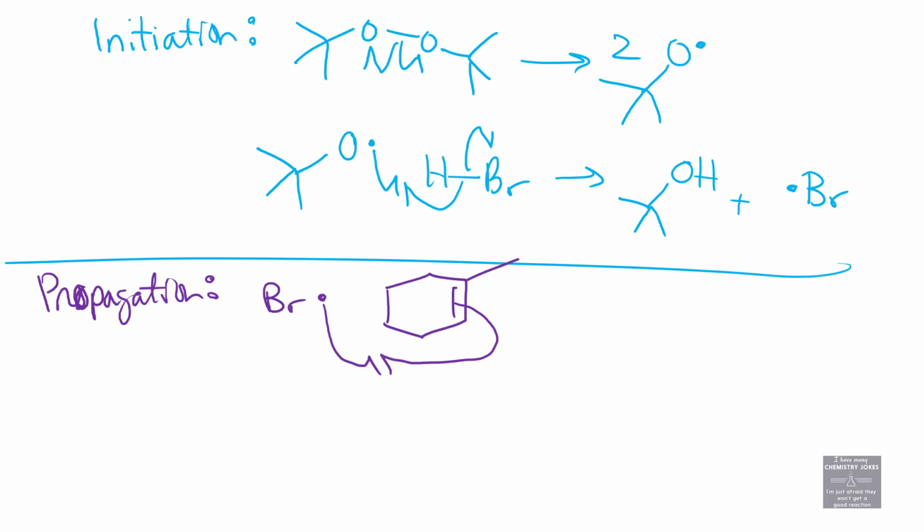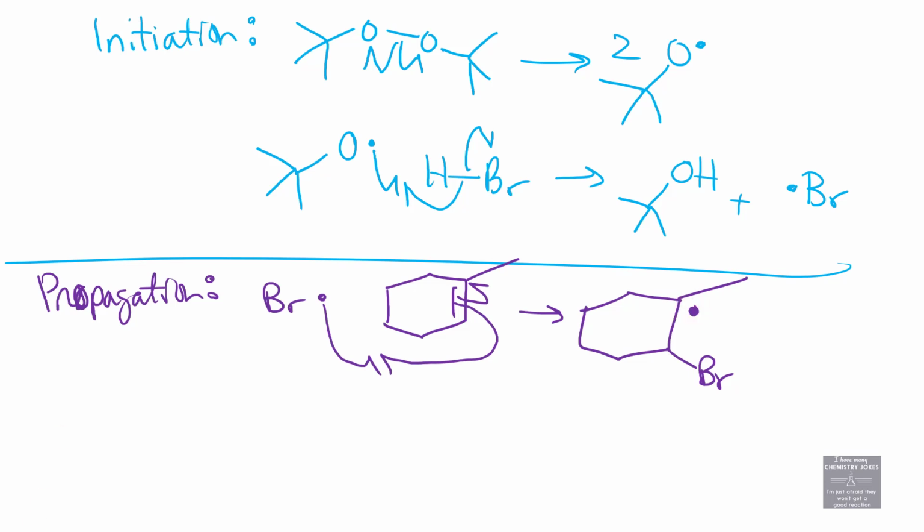Bromine reacts with our alkene like so, in that the bromine makes a new bond down here so that we can make the more stable radical up there in the armpit. Isn't it more stable for the radical to be there?